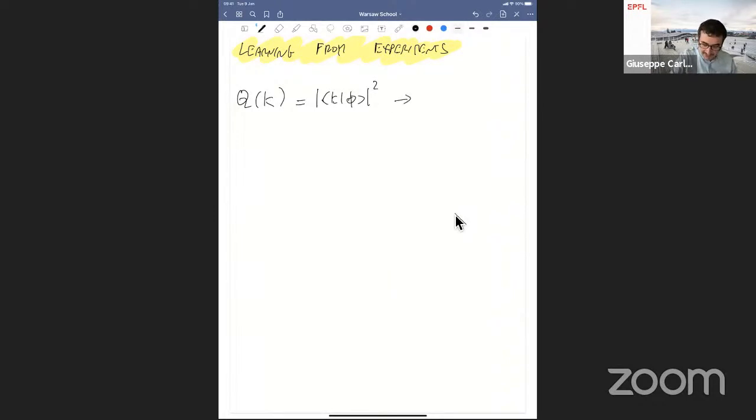This is just the concept of projective measurement, and you know it from the very postulates of quantum mechanics.